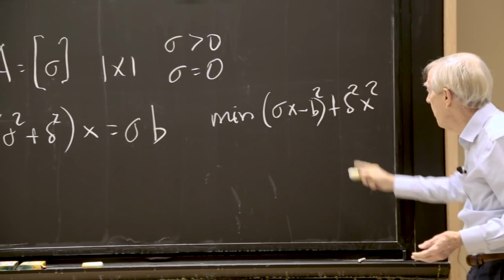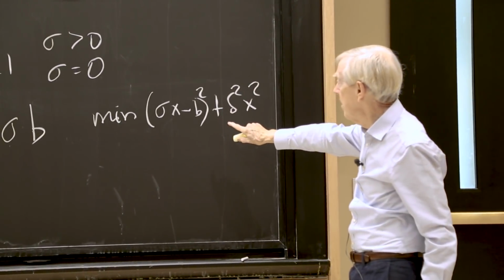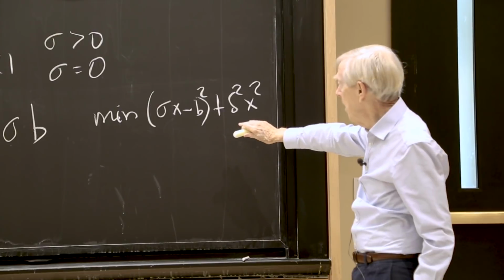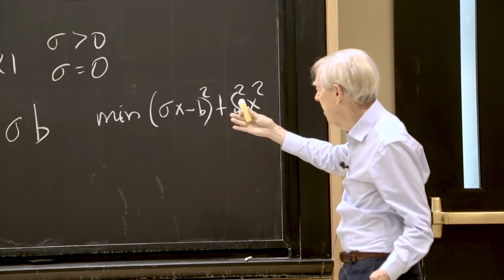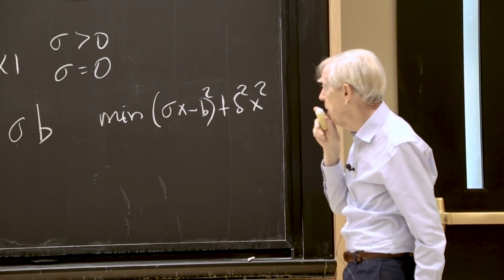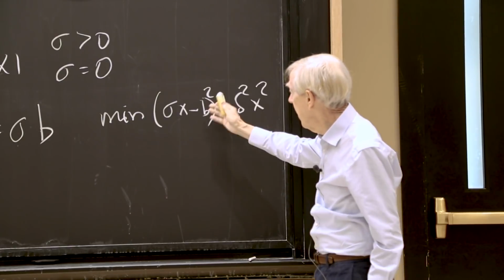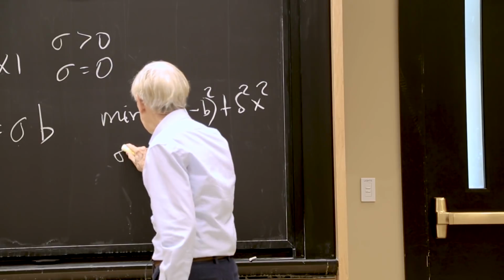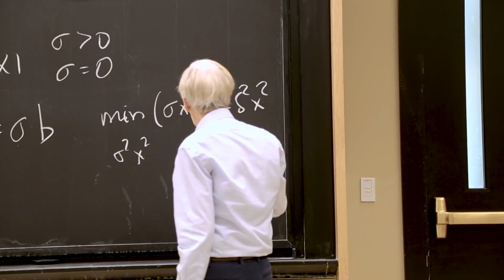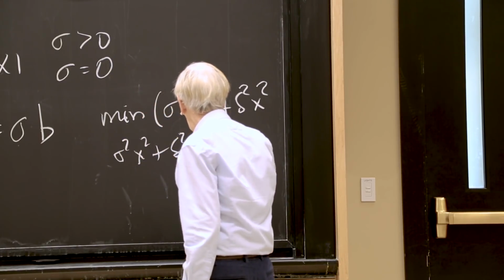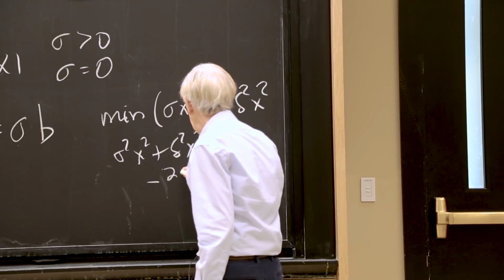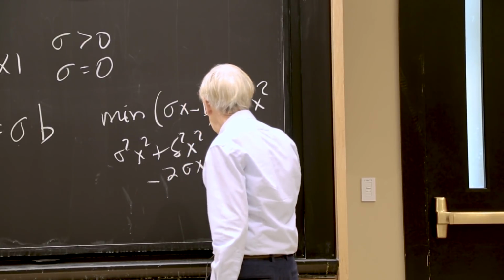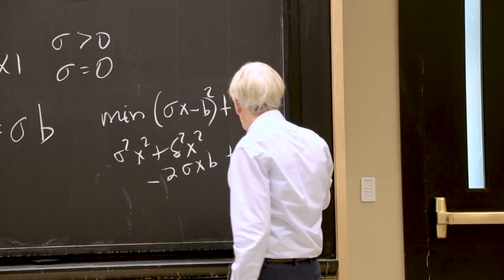I'm hoping that that calculus will agree with linear algebra here. Let me write it out: sigma squared x squared and delta squared x squared, and then minus 2 sigma x b, and then plus b squared.